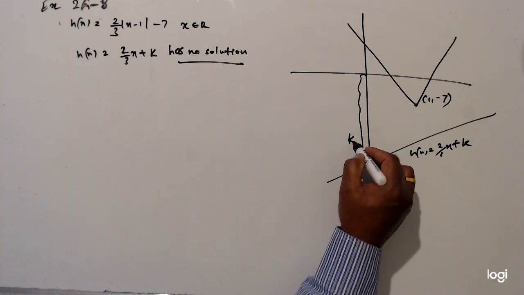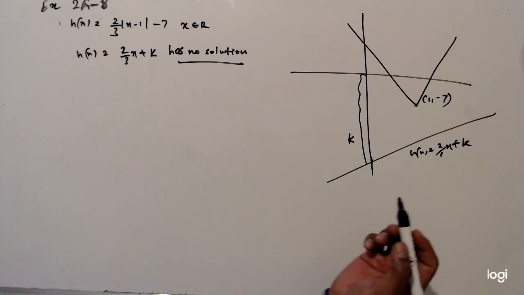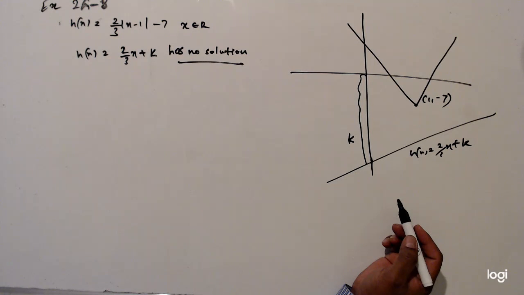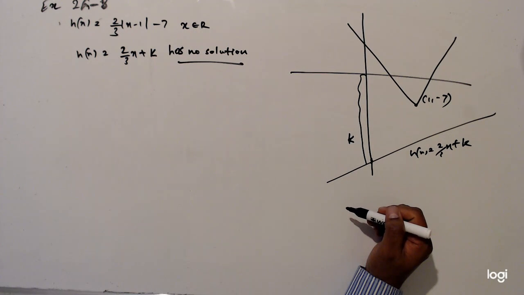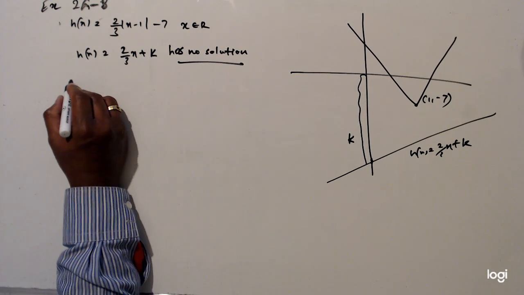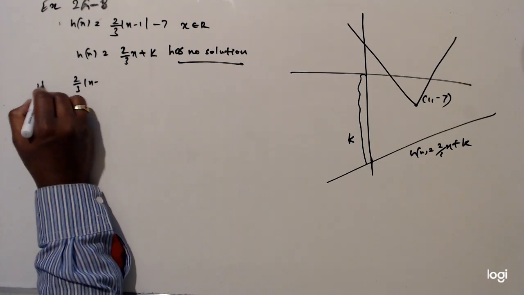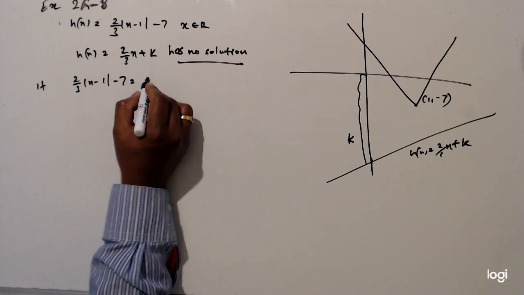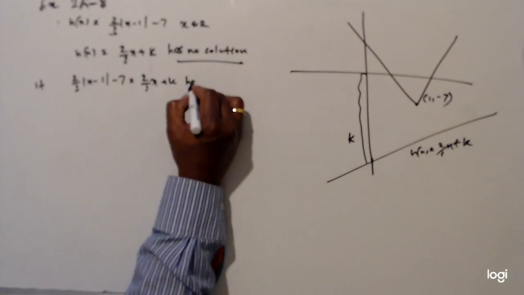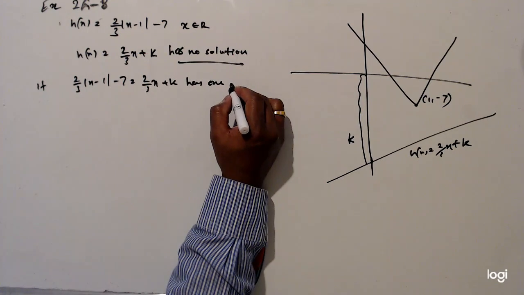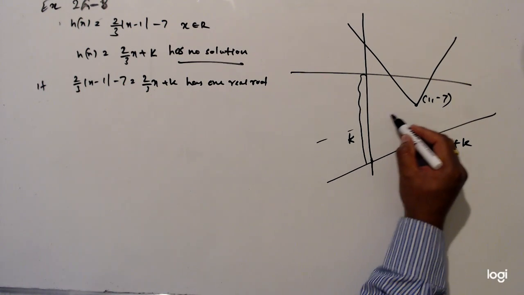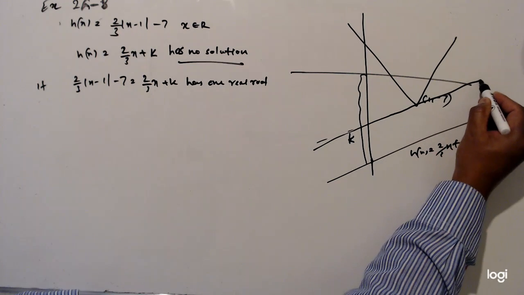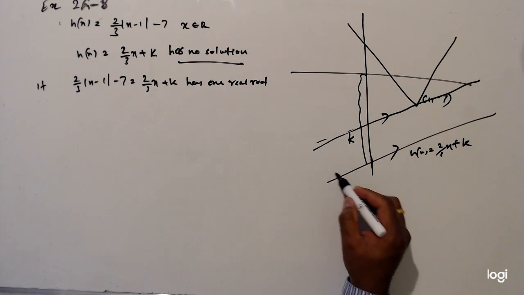So this is the k value, and we'll consider a situation where 2/3 x, if x minus 1 minus 7, 2/3 x plus k has one real root, then this has to be parallel.